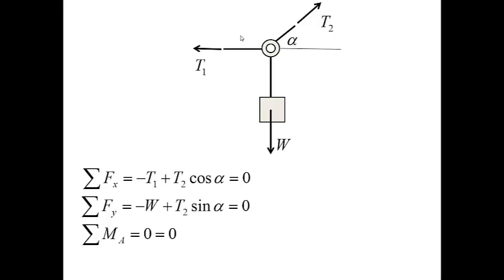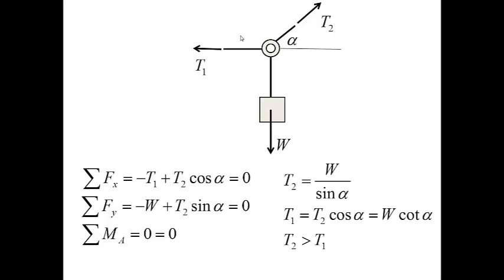On the other hand, it doesn't provide us with any useful information. Next, we can solve the first 2 equations and obtain the expressions for the forces T2 and T1. And I would like to pay your attention that T1 is equal to T2 cos alpha, and therefore T2 is larger than T1.